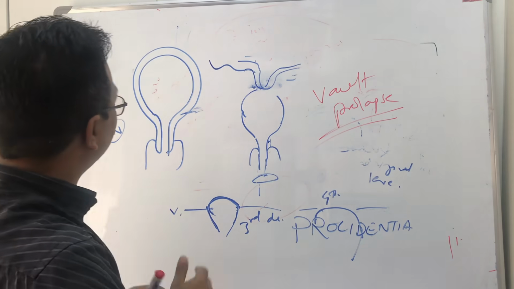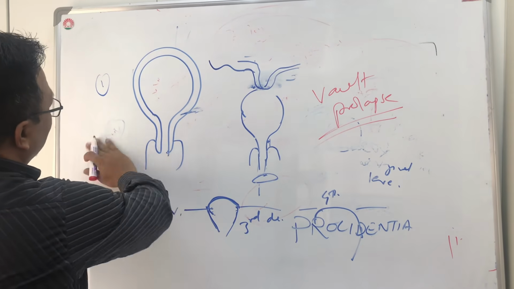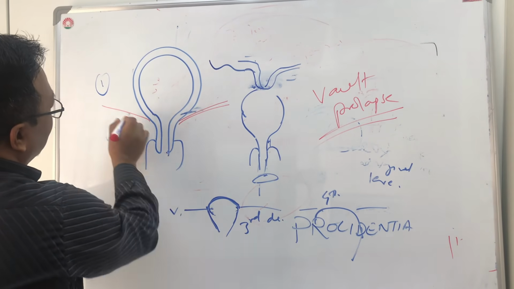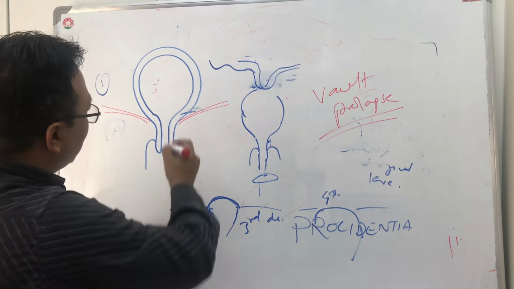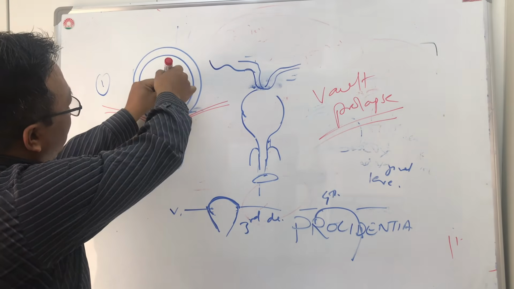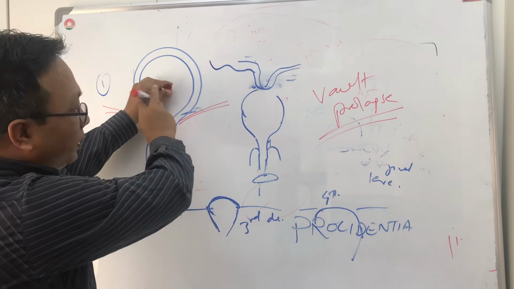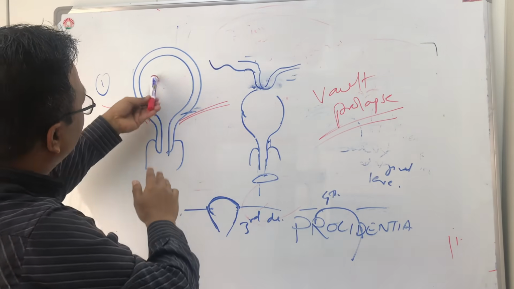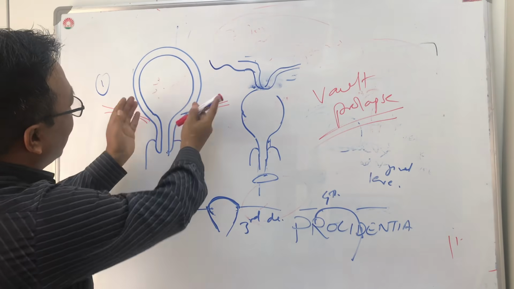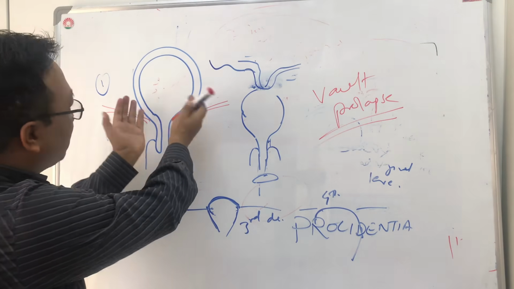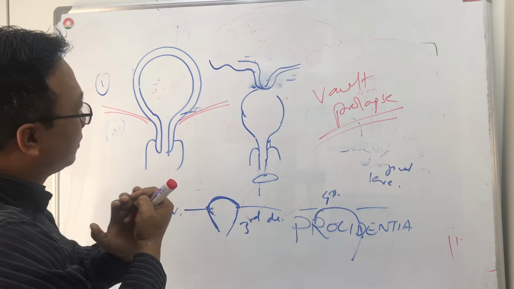When you do the hysterectomy, you are cutting the ligaments: the transverse cervical ligament, the front pubocervical ligament, and the back uterosacral ligament. You have to cut the 3 ligaments and then you remove the uterus.